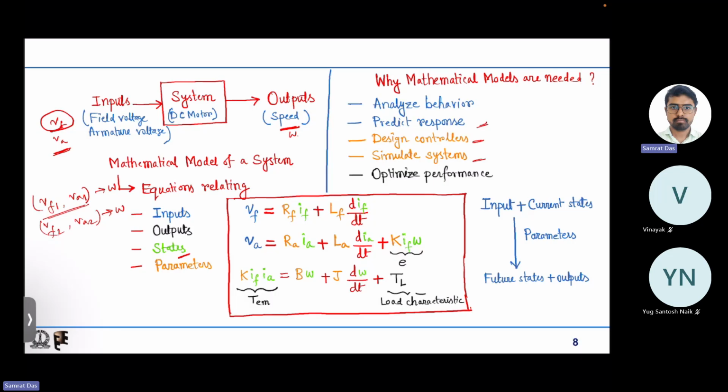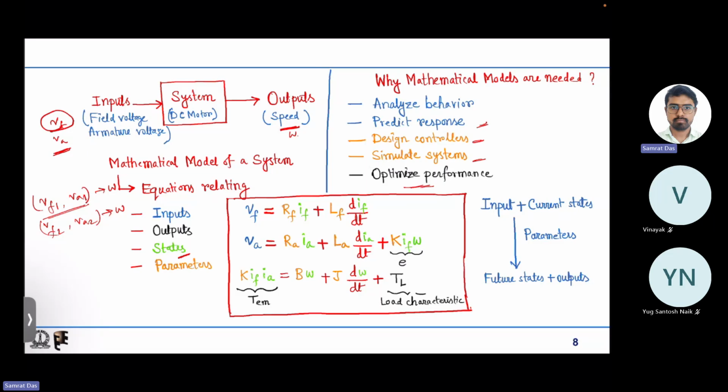Then we will operate the motor with those inputs. But in order to predict which operating point leads us to our desired efficiency zone, we need a mathematical model of the system. Then only will it be possible for us to optimize the performance of the system.